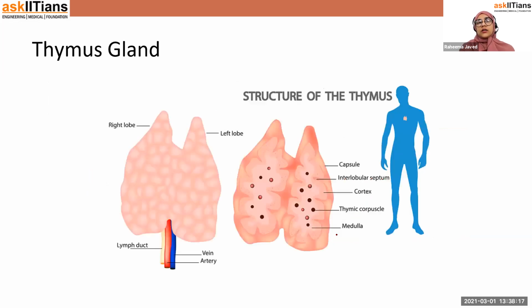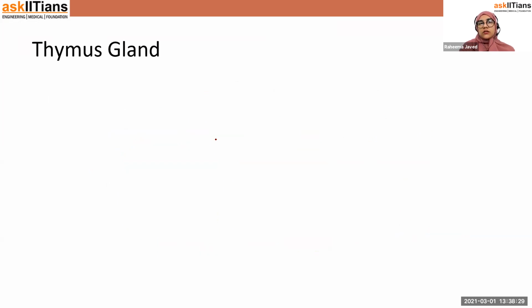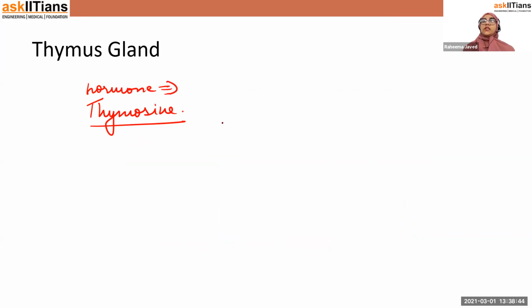This is the structure of the thymus gland, and it is a tiny little gland which is present in our chest region. It has a right lobe and a left lobe. Here I just want to tell you about the hormone of the thymus gland, which is thymosin.